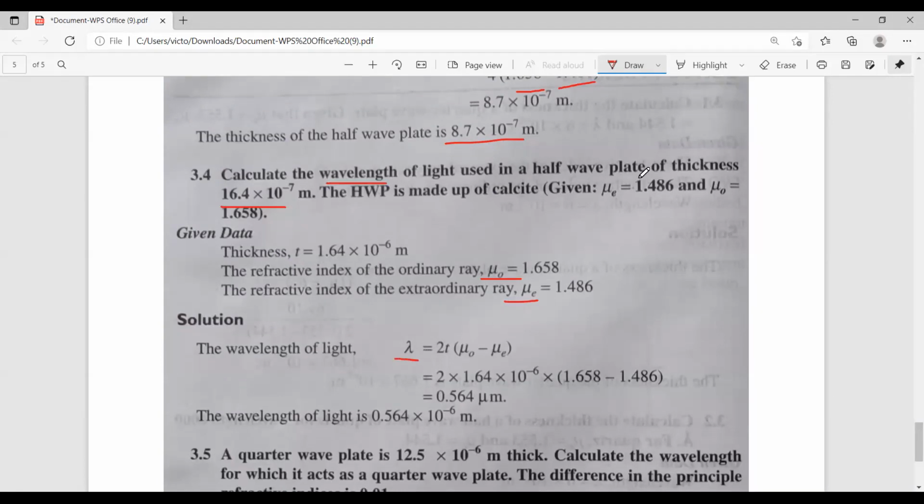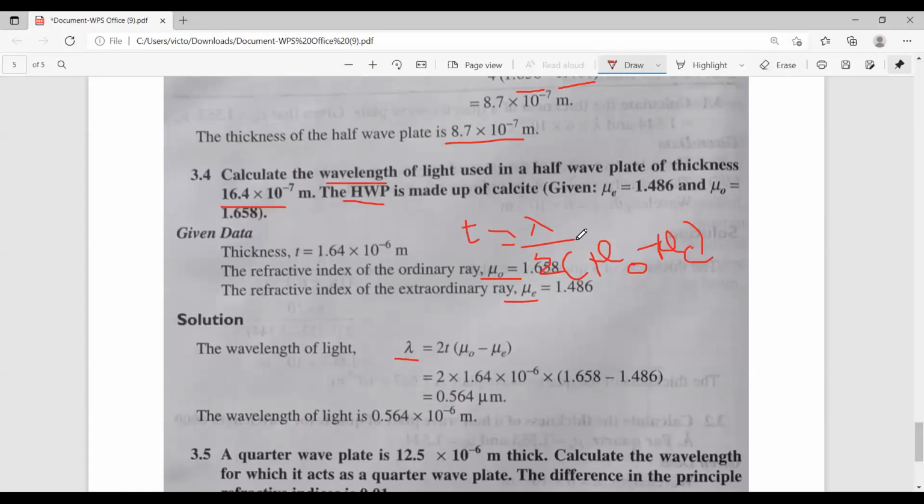So the same expression applies here for the half wave plate: t is equal to lambda by 2 into (μE minus μO). Whichever refractive index is higher, you place it first, so μO minus μE.